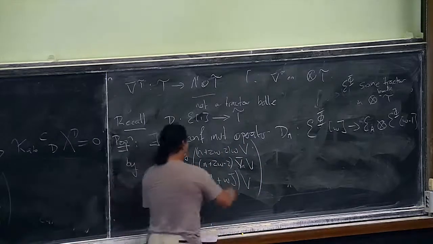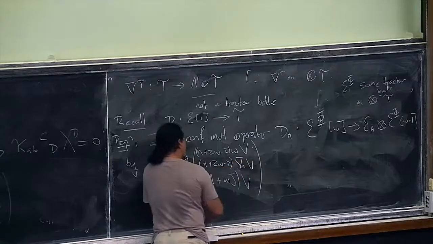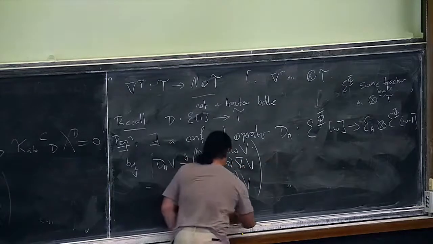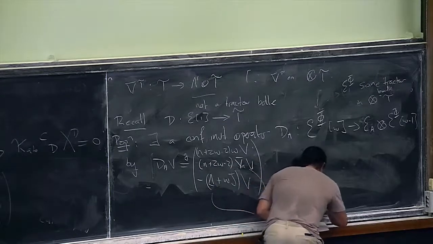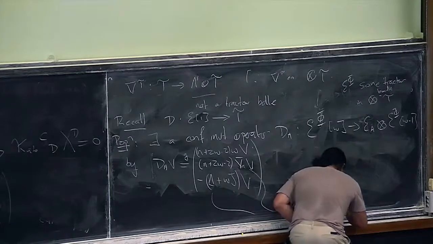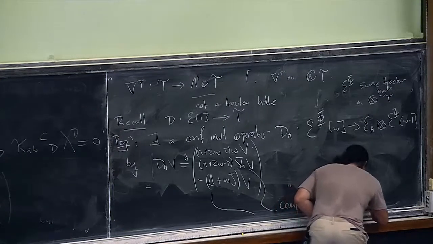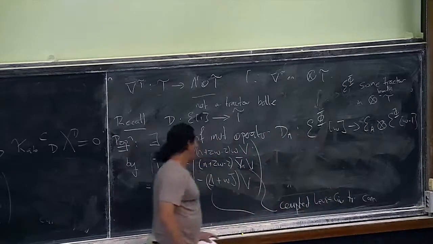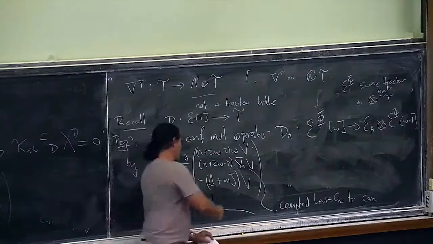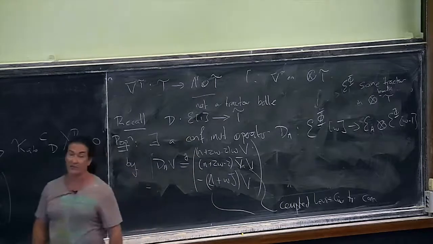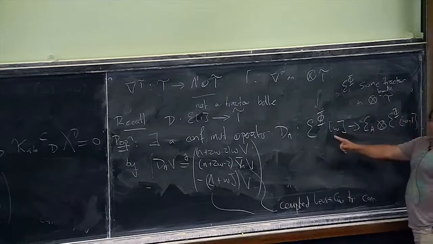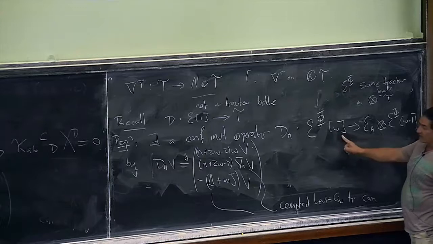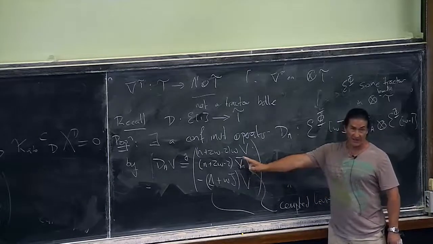Now in here, this is the coupled Levi-Civita tractor connection. As a first version of understanding this, you should just think that's the tractor connection in there because it's acting on tractors. But remember, I've put things twisted with a weight, and the tractor connection doesn't know how to act on things with a weight, but the Levi-Civita connection does. So this has to be the coupled Levi-Civita tractor connection.